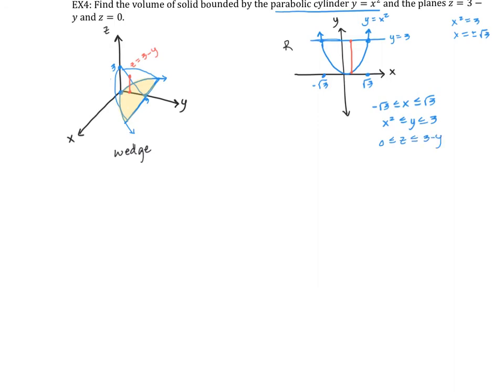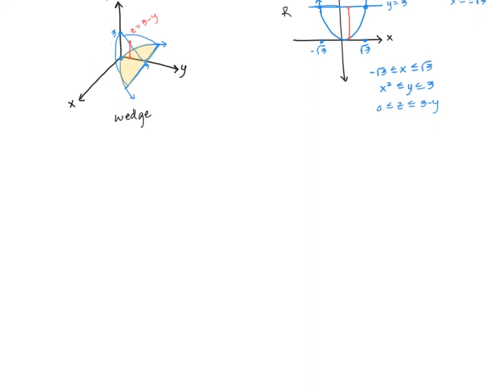Notice that I have a y in the limits of integration. That tells me I have to integrate with respect to z before I integrate with respect to y. So when I set up my limits of integration, x is going to be the outer, z is the inner, and y is going to be in the middle.